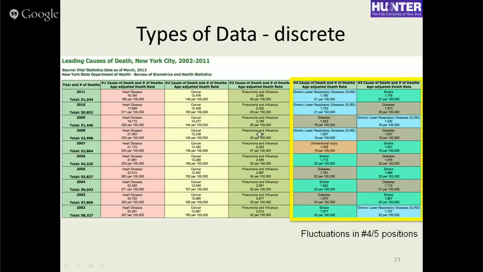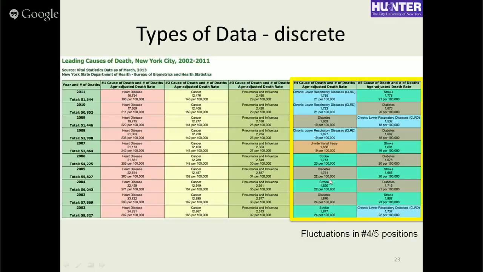And I only point out here that there are fluctuations in these 4 and 5 positions to give that as an example of likely uncertainty and random fluctuation in the number of deaths due to these diseases. So we have stroke, lower respiratory disease, and diabetes all taking turns in those 4th and 5th positions.